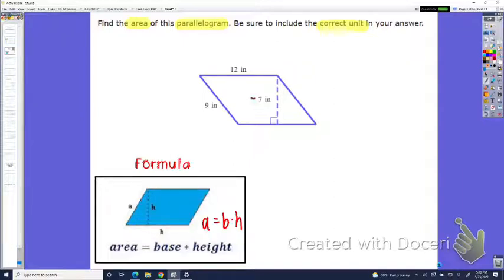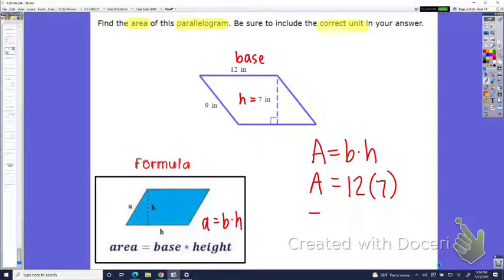So the height here is 7, and the base would then be 12. So area equals base times height. You're going to have the base is 12, the height is 7, and if you multiply those, you get the area is 84. Again, you need inches squared.